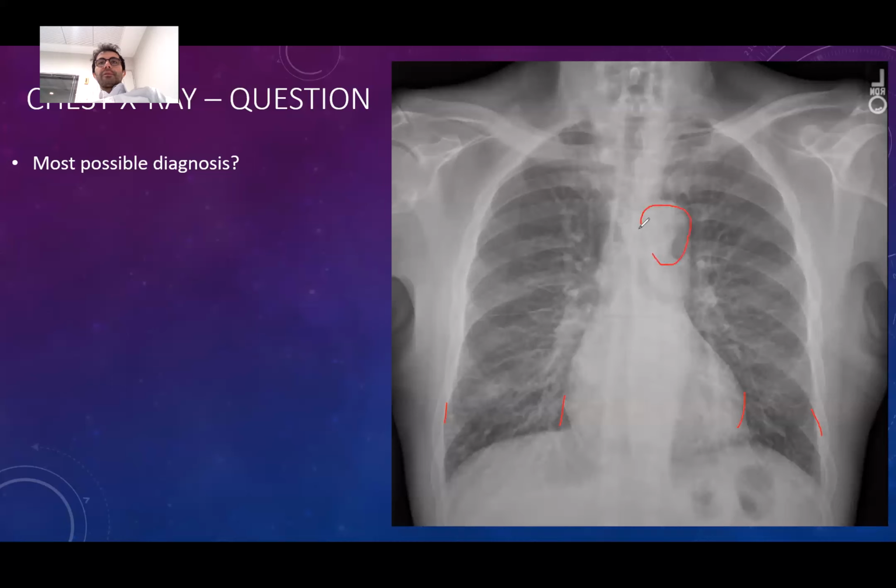Arcus aorta is prominent, not aneurysmatic, but a little bit prominent. So I'm seeing very fine or coarse, something between fine and coarse, interstitial linings, which are reaching to the pleural space, pleural lining. And these Kerley lines are helping me a lot. It's a typical case of heart failure.